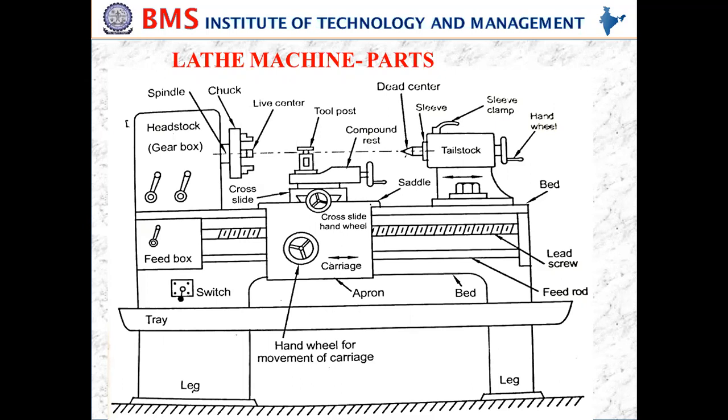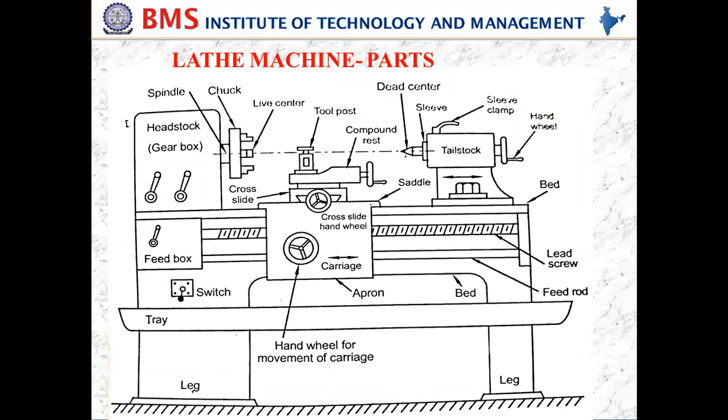See, this is the cross slide, and this is the compound rest, which is mounted on the cross slide, and it supports the tool post. The compound rest has a circular base, which is graduated into degrees. This helps the cutting tool to be swiveled to a given angle.